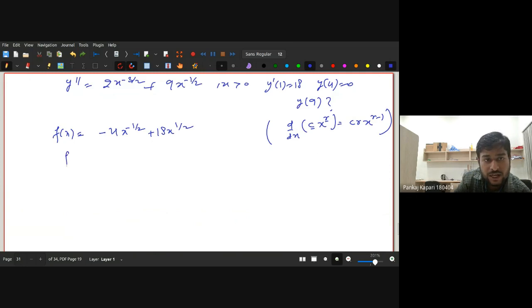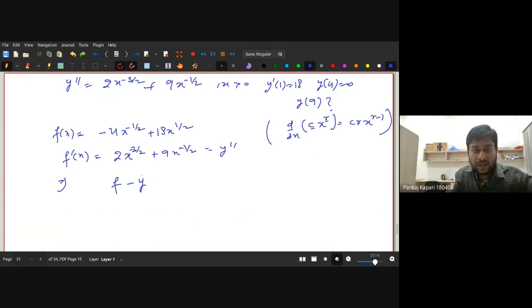If you differentiate it, we exactly get 2 times x to the power minus 3 by 2 plus 9 times x to the power minus half, which is equal to y double prime. So this implies that if you take the difference of f and y prime and differentiate it, you will get 0, right?